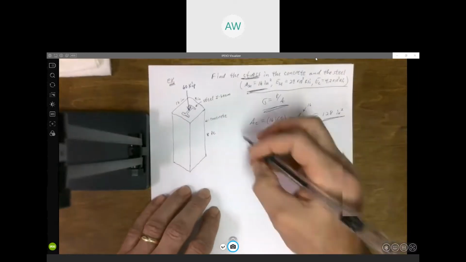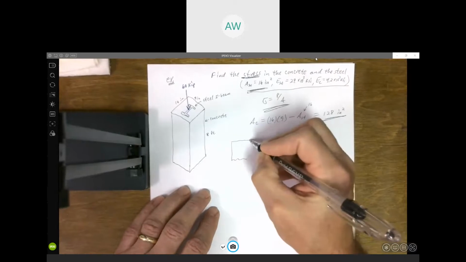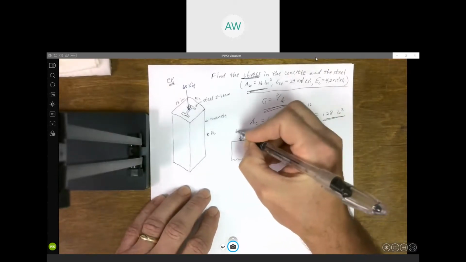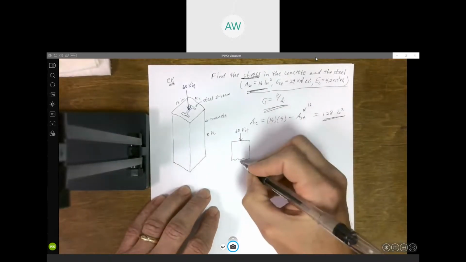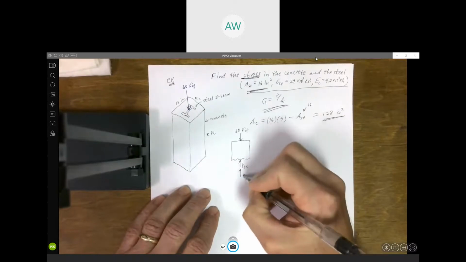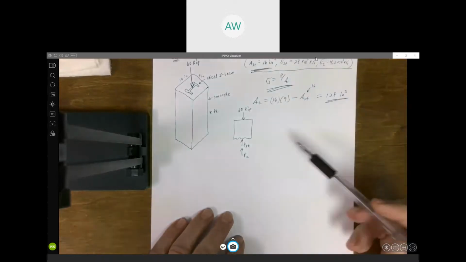So if you look at your free body diagram, you cut this member here, we've got 60 kips pushing down on this thing. And we've got the force in the steel and the force in the concrete. I'm going to denote just P_ST for steel and C for concrete.